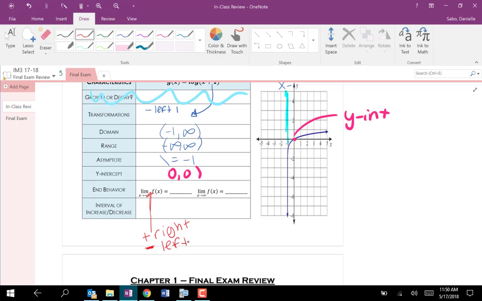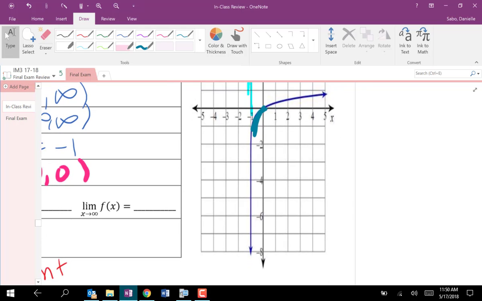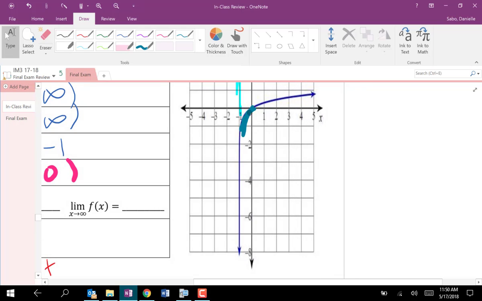So here we go. Let's talk about this. You guys are actually really good at this. As x is going towards -1, see how x is starting to go there? In blue, I'm going to zoom in so you can actually see it. I would definitely just watch this and not write right now. As x is going into -1 from the left, where is it going? Down, just down.